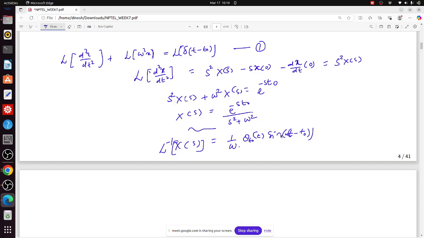So this can be written explicitly as x at t equal to 0 for t less than t0, and 1 by omega sine omega t minus t0 for t greater than t0.